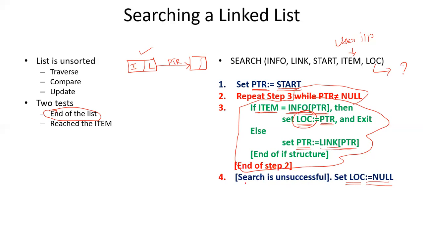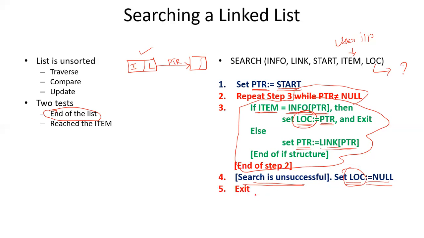That's the conclusion we are going to draw. Search is unsuccessful. So now you see that either from this part we return our location, or from here we return our location. If the data is available, the PTR will be the LOC, or if the data is not available, then null will be the LOC. Finally, we can exit from the program.